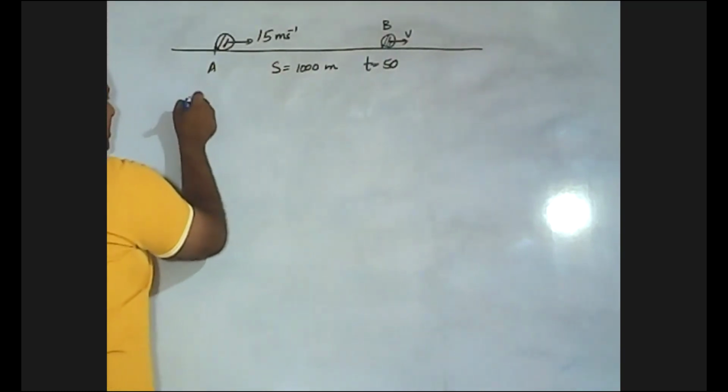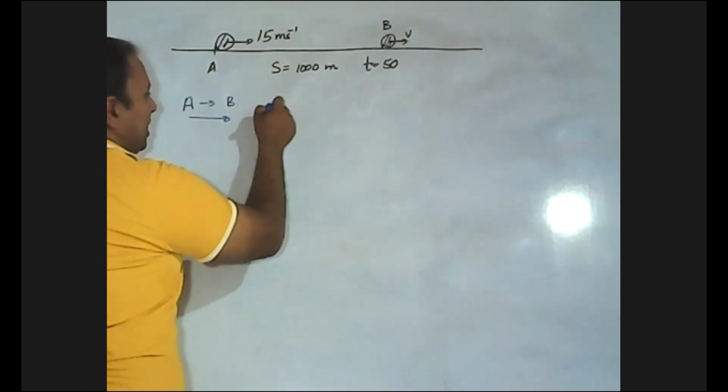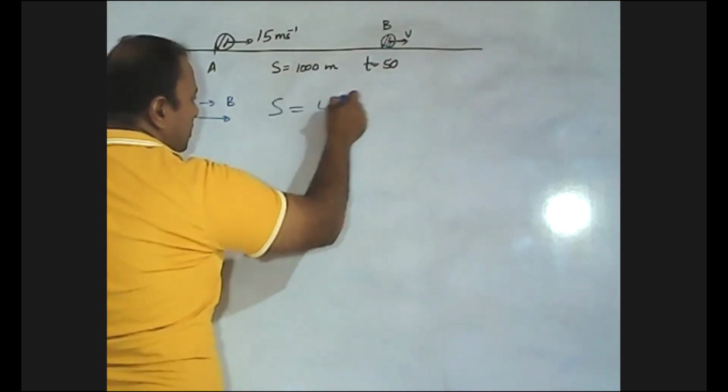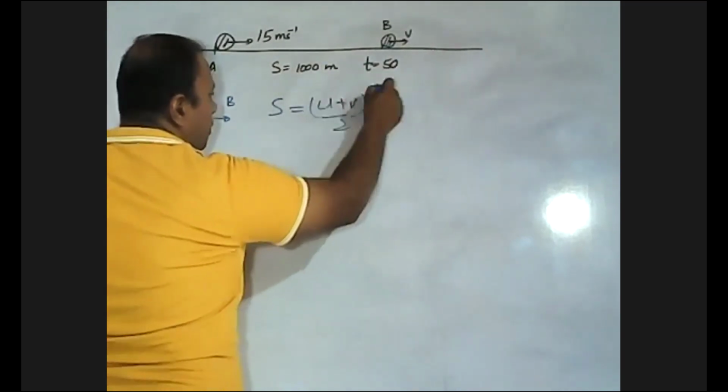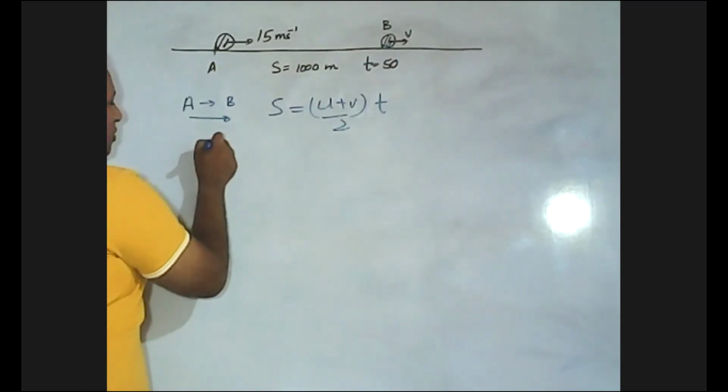So I can write from A to B in this direction, S equals (U plus V over 2) times T. S is 1000 meter.